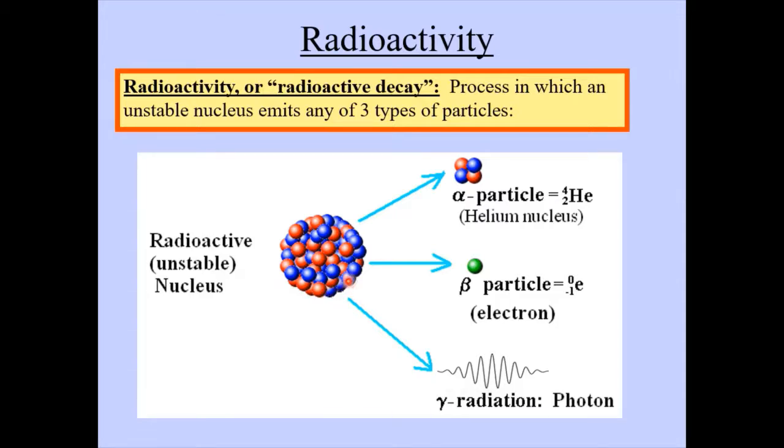So this nucleus is radioactive. So what does it do? Well, it is going to release one or more of three types of radiation. The first one is called the alpha, the second is the beta, and the third is the gamma. So the three types of radiation, or nuclear radiation, are alpha, beta, and gamma.